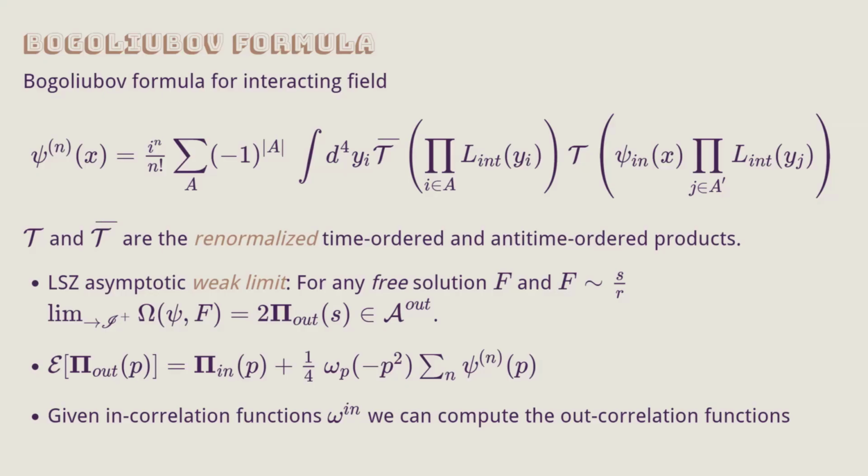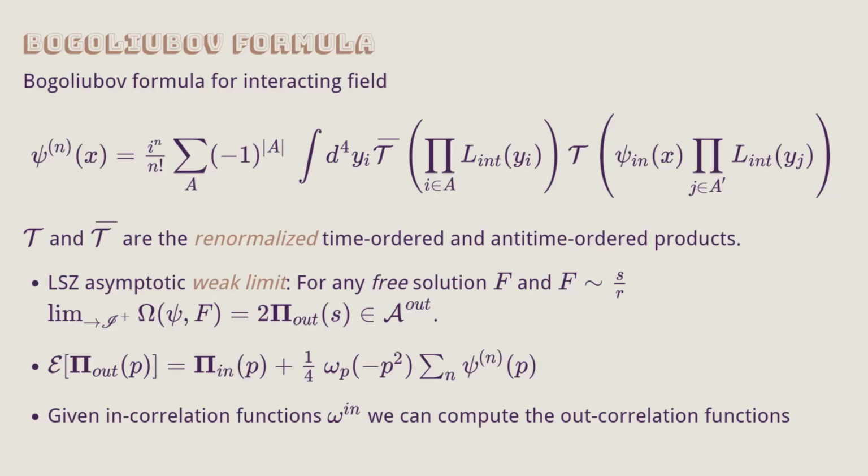Suppose I want to compute the interacting field at nth order. I take n copies of my interaction Lagrangian. That will give me an nth order term. I split them into two parts. One group goes in the anti-time ordered product, and the other group goes in the time ordered product.